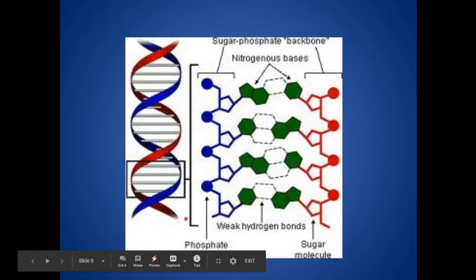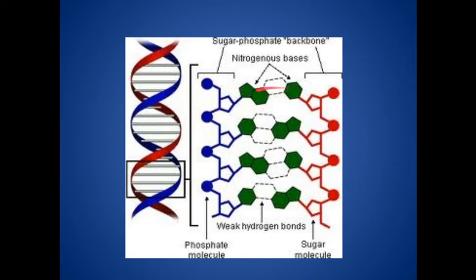Okay, so we've got our nitrogenous bases here. This one here would be A and T, and the reason we can see that is because A and T have two hydrogen bonds between the bases, as we can see here, 1 and 2. Cytosine and guanine have 3 hydrogen bonds, as we can see, 1, 2, and 3.